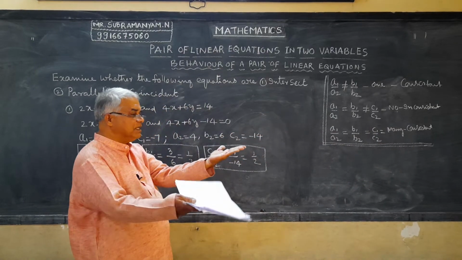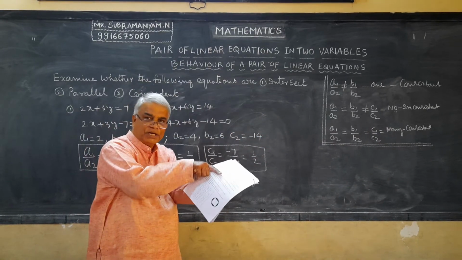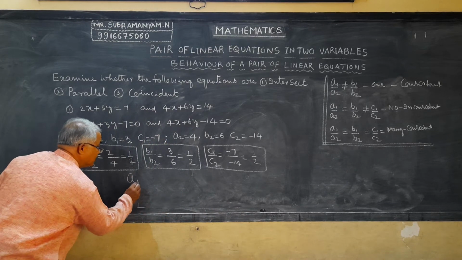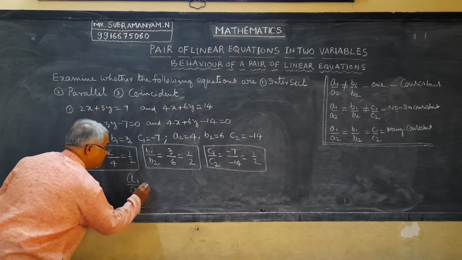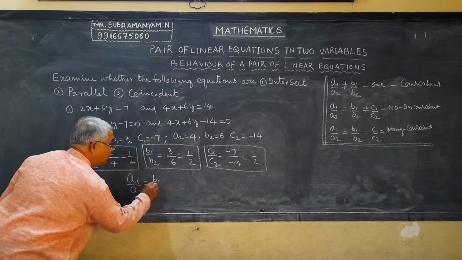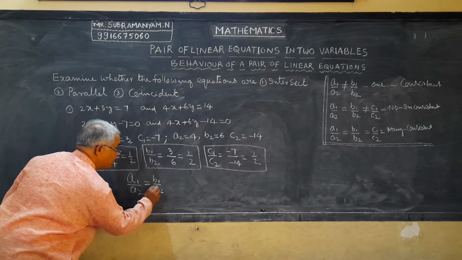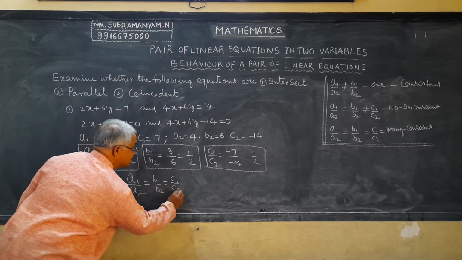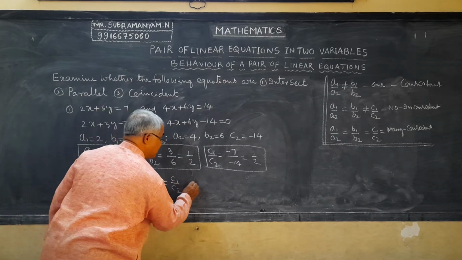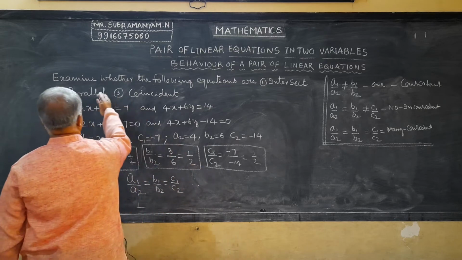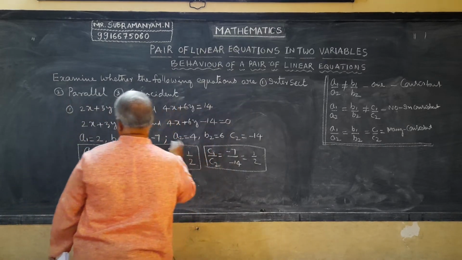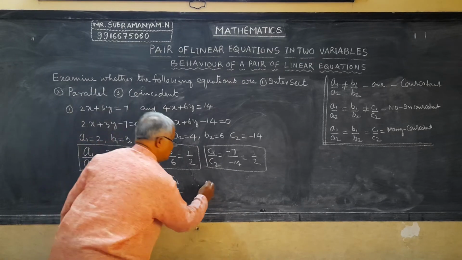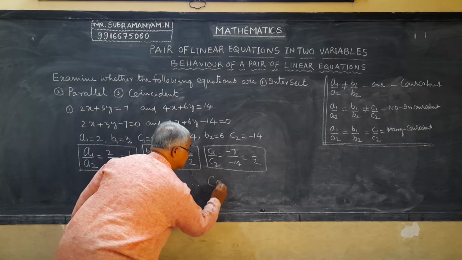Many solutions means they will lie on each other, coincident. So here we write a1 by a2 equal to b1 by b2 equal to c1 by c2. Therefore, here we have asked whether they intersect, whether they are parallel, whether they are coincident. Therefore, coincident.